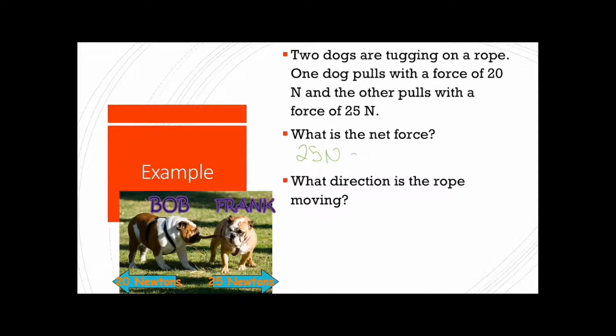Well, we've got 25 minus 20. Well, that gives us an overall of 5 newtons. So that means this is an unbalanced force. And which direction is it pulling in? Well, if you look at it, Frank has the greater amount of newtons, so it's going to be pulled towards Frank.